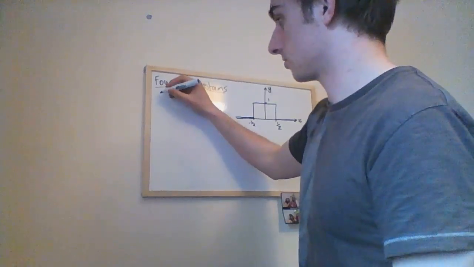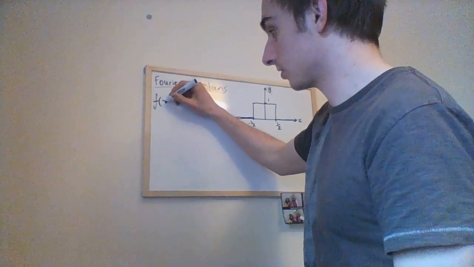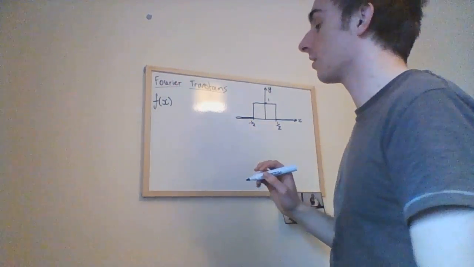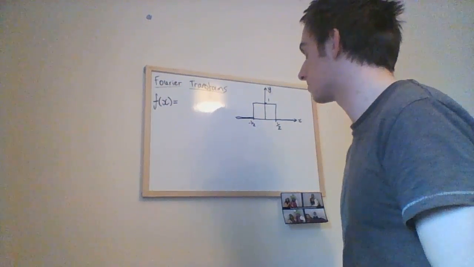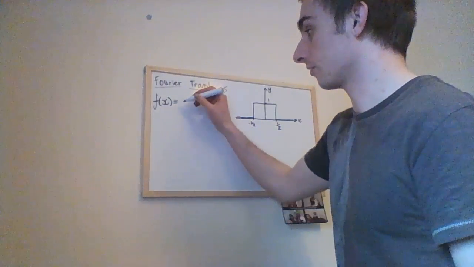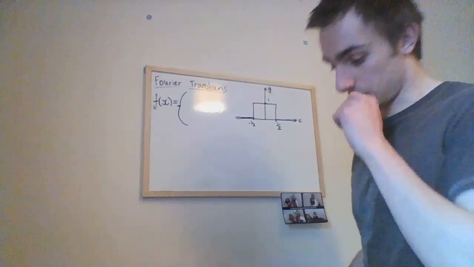So our function of x is, we're going to have to split this because it's not a smooth function. We've got to split it into different things.